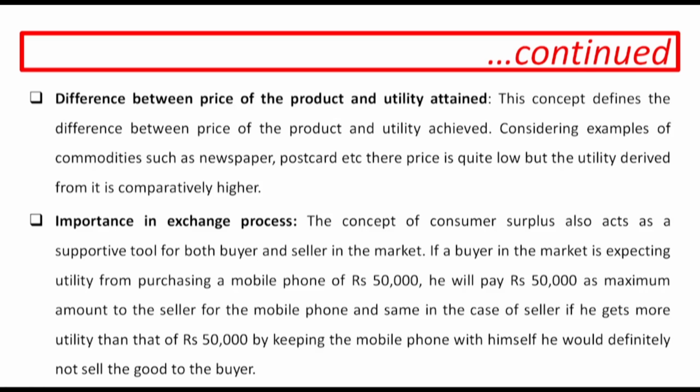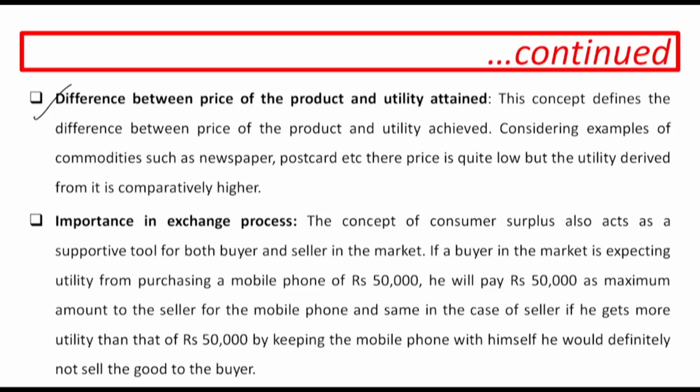You get a lot of information by reading the newspaper. Sometimes there are various products whose price is very cheap, but the benefit from that product is very high. And consumer surplus means the utility from the product should be more than the money spent on the product.